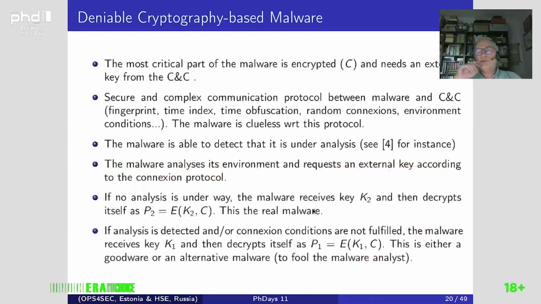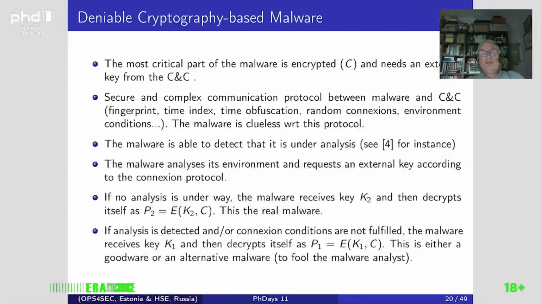So you have here the verbal description, and what we have to stress is that, of course, we have to embed and consider a secure and complex communication protocol between the malware and the CNC. We have used fingerprint, time index, obfuscation, random connection, environment conditions, and it means that it is impossible to simulate this communication protocol.